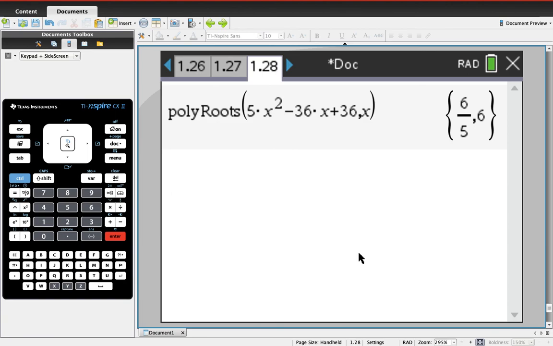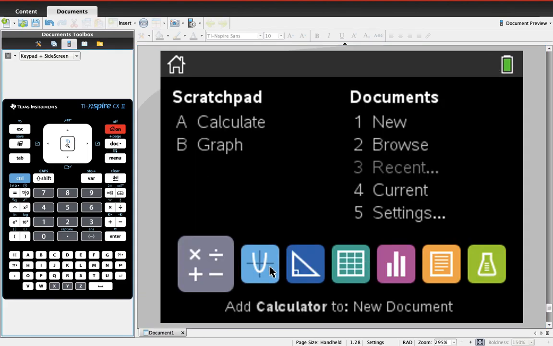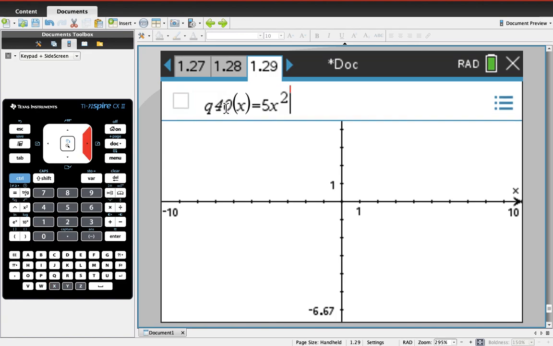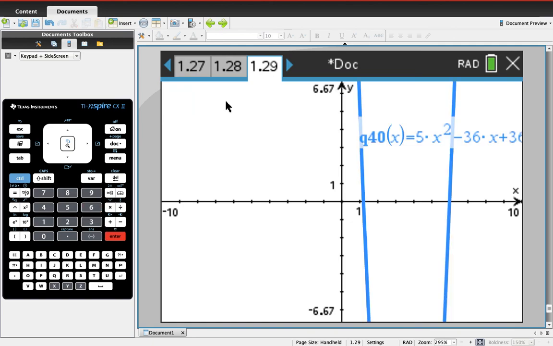And it's going to spit back those answers. So it has it. 6 over 5, positive 6. Exactly what we got earlier. Now, of course, I could have also just graphed this. And this is probably the simplest method, I think, because this is something we do so often.